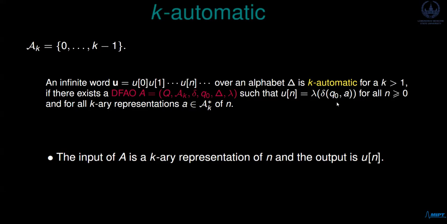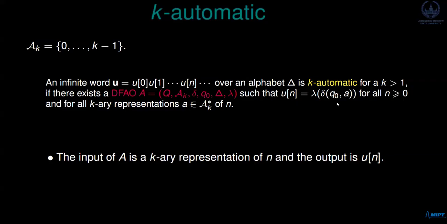Here w is the finite word, the base k representation of n. This means the automaton takes the base k representation of the number n as input and produces the corresponding value u(n) as output. The automaton A receives the k-ary representation of n as input and outputs the corresponding element u(n) of the infinite word.